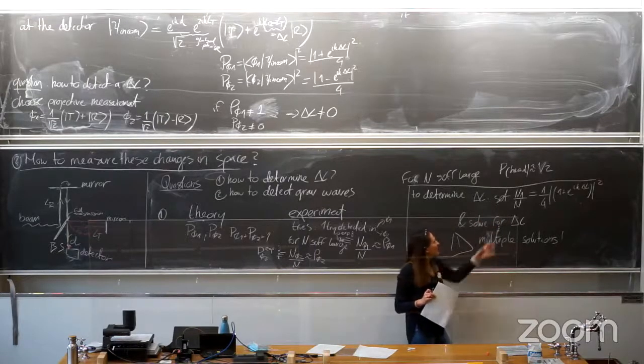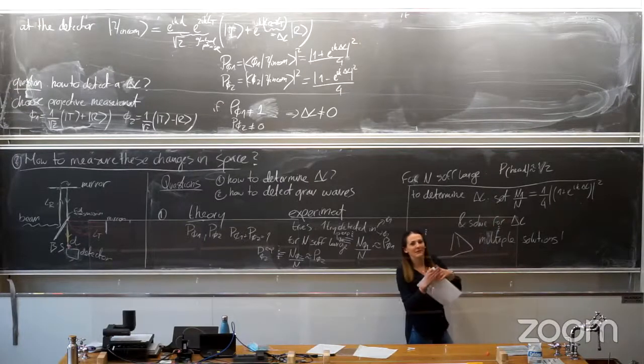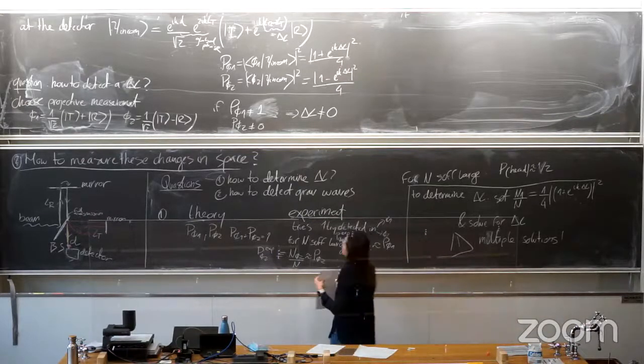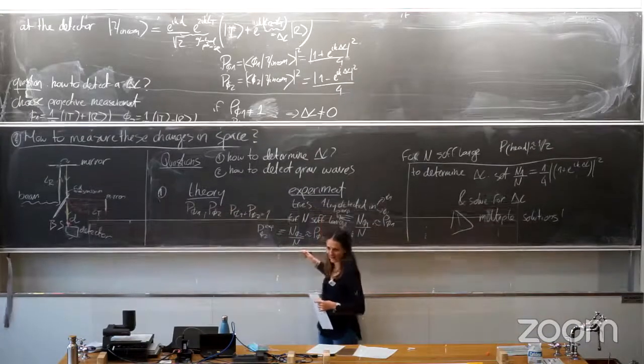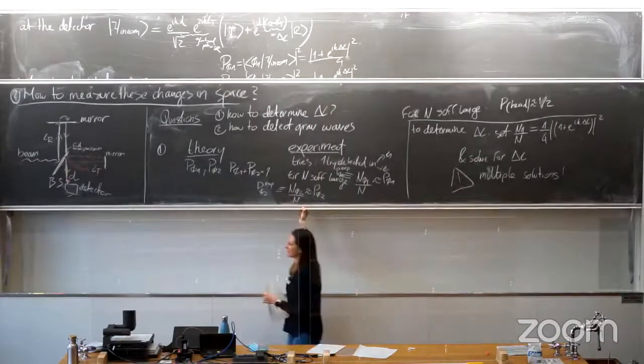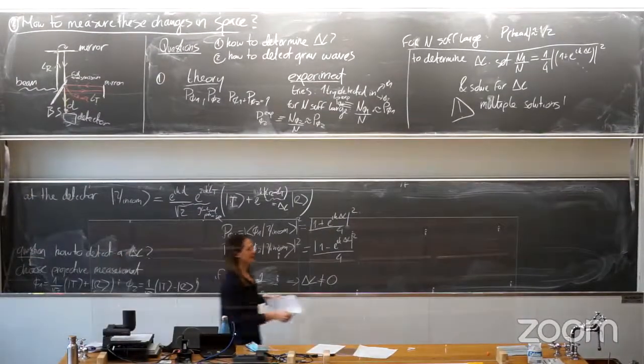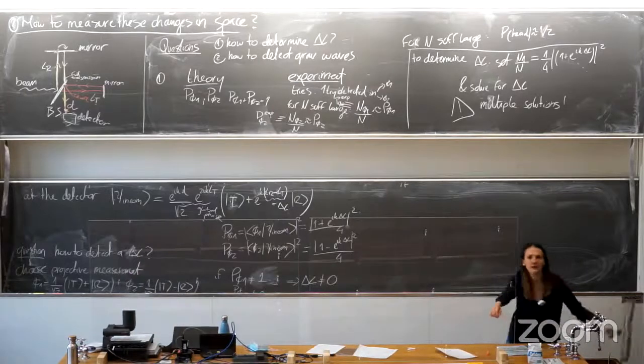Sometimes we know it approximately and then we can guess it, or we just don't care and it's enough to know that there is a delta L. Is this experiment to theory connection clear?